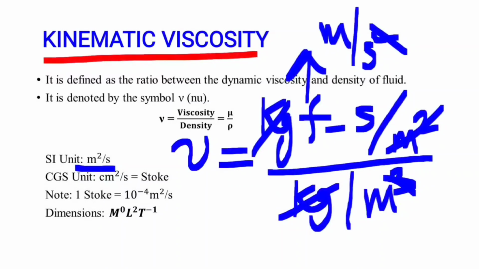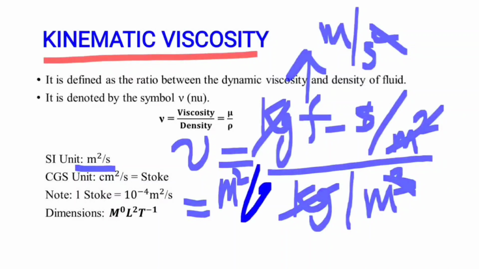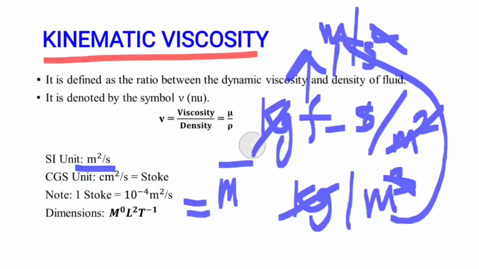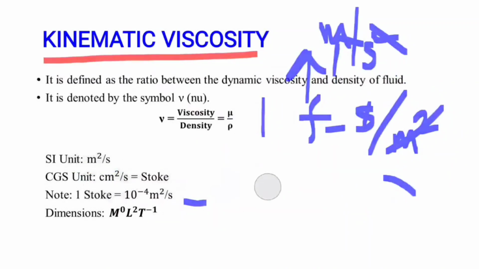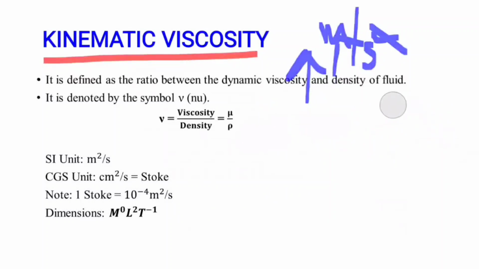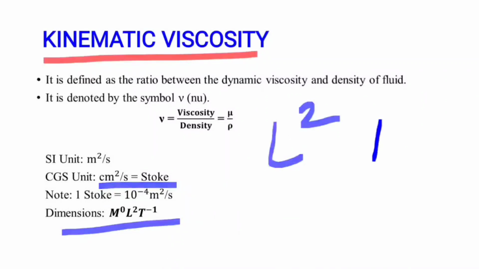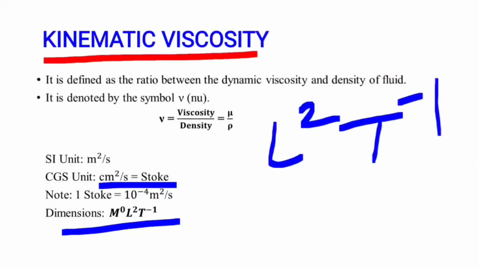So one second gets cancelled, that is meter square per second. I hope this is understood. This is the SI unit or MKS unit. The CGS unit will be centimeter square per second, that is Stoke. 1 Stoke is equal to 10 to the power of minus 4 meter square per second. Dimensions: L square T power minus 1.